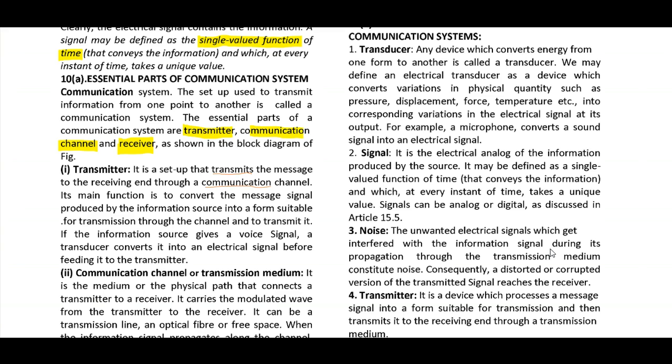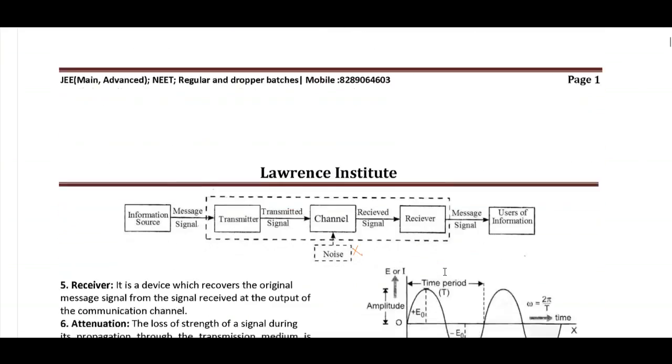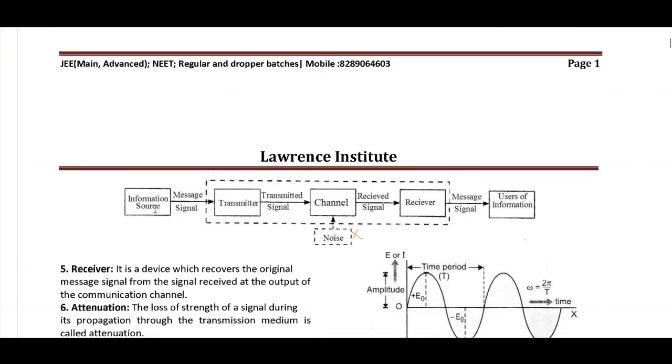Now, the main function of the transmitter: it receives the message signal, or the information to be sent, and then converts it into a suitable form so that we can transmit it on the channel. If we refocus on this diagram, the information source gives us the message signal.